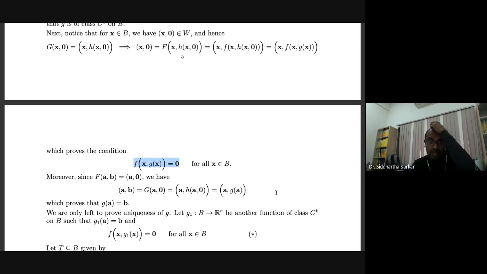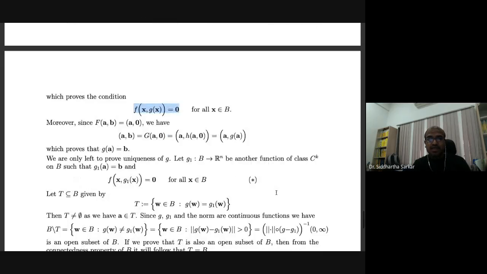The surprising part is how do we prove the uniqueness? Towards that, let's start with another function g1 which is of class C^k defined on B itself, satisfying the given conditions of the theorem: g1(a) is b and these equations. Okay, so if that happens, I want to prove that g and g1 coincide.